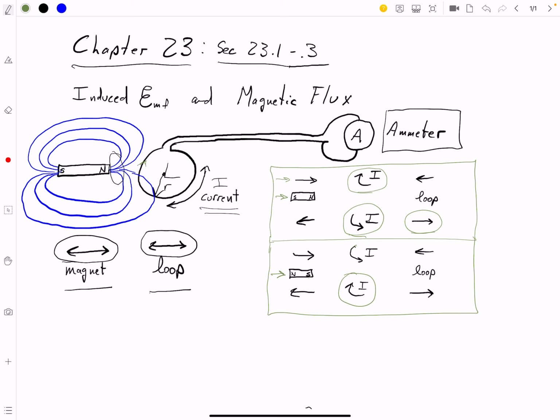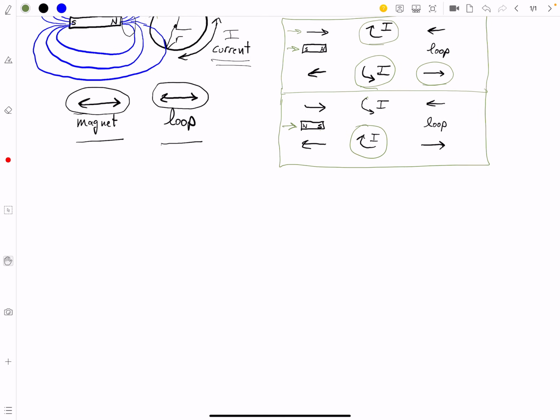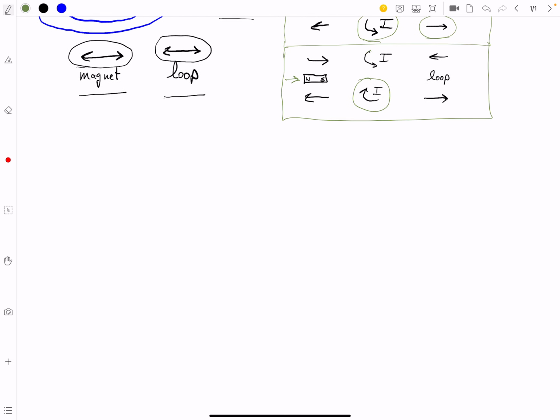But use your right hand rule. Make sure that all of these things are correct. You want to be able to get that right. 50% chance, I guess.